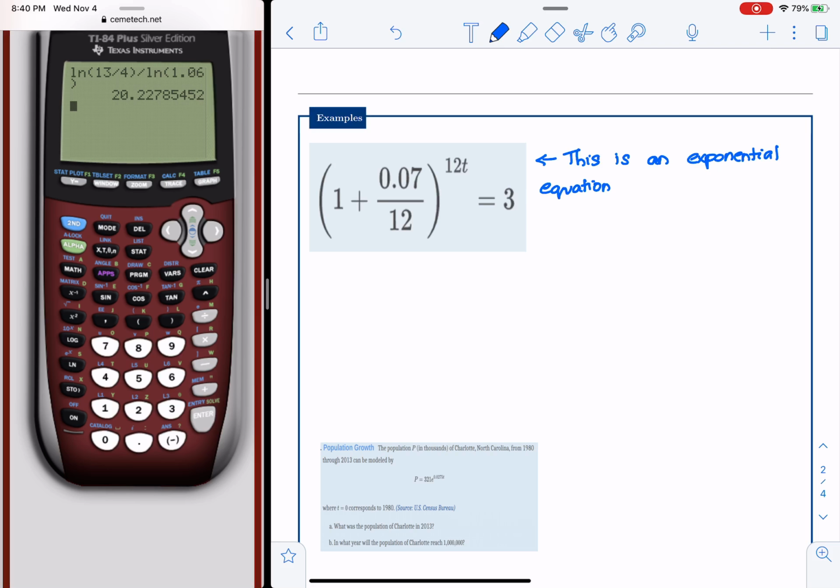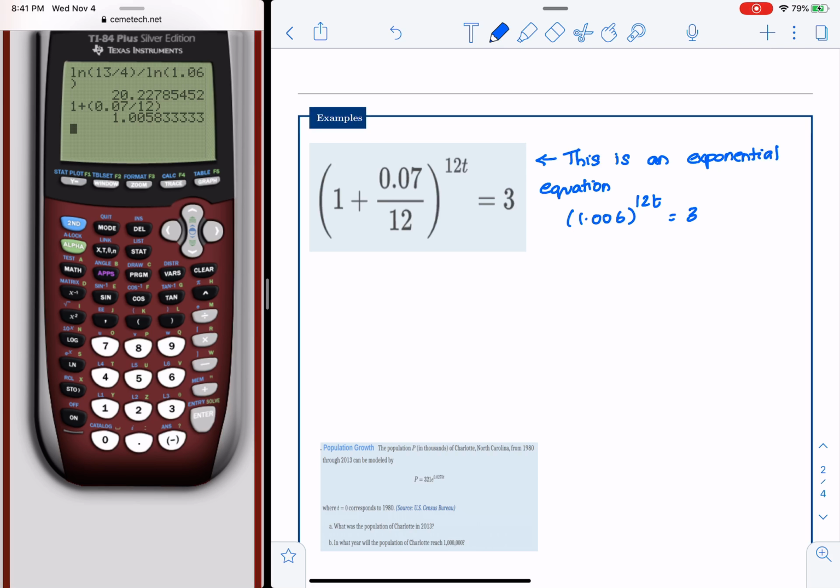So in order to solve it, we don't exponentiate, we take the logarithm on both sides. But I'm going to simplify the term that is inside the parentheses. So 0.07 divided by 12, I get 1.0058 repeating. I'll call it 1.006 raised to 12t equals 3.